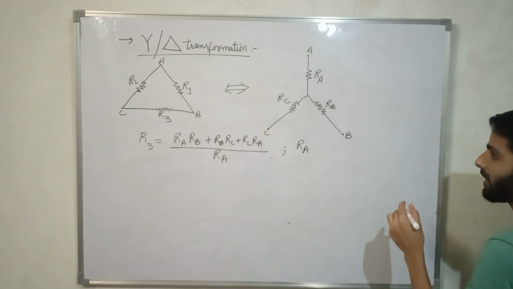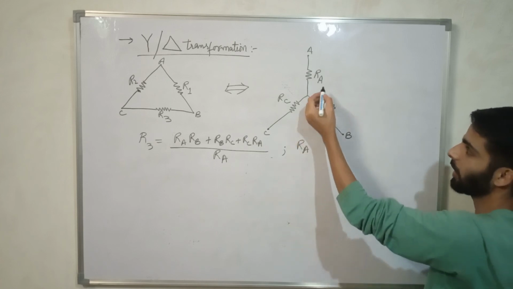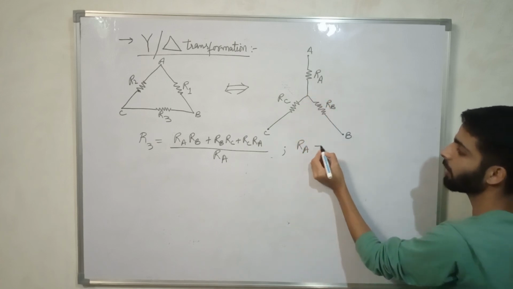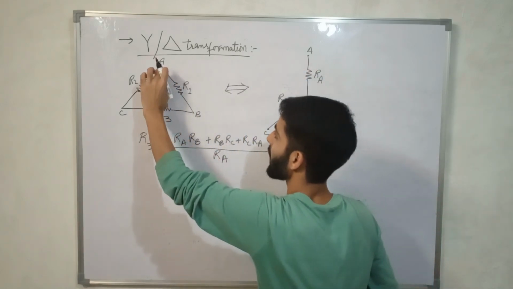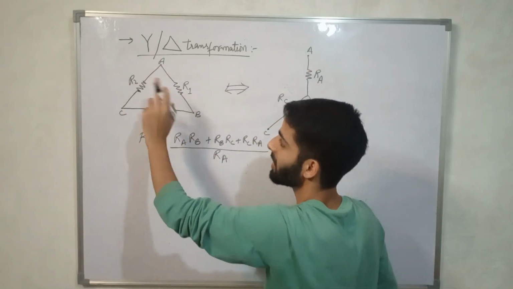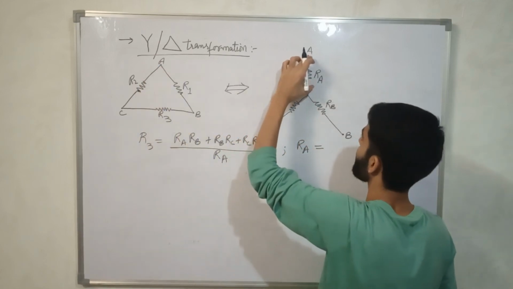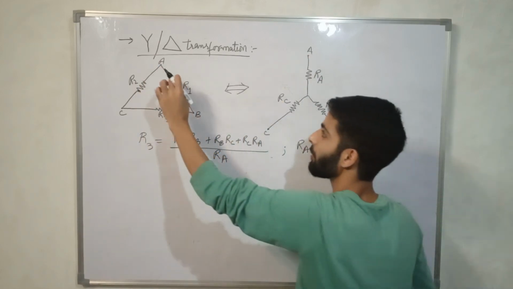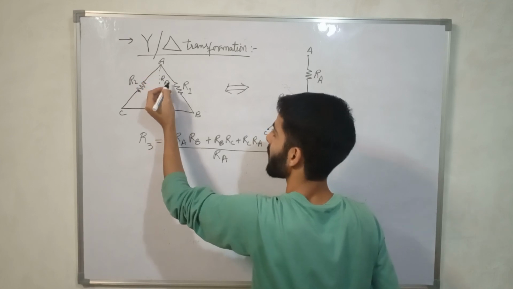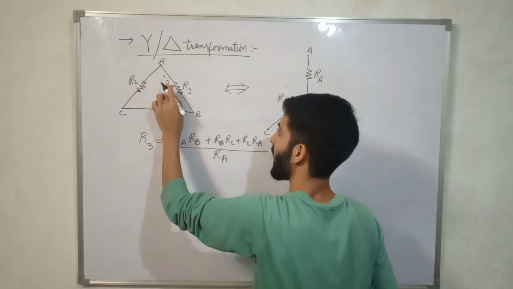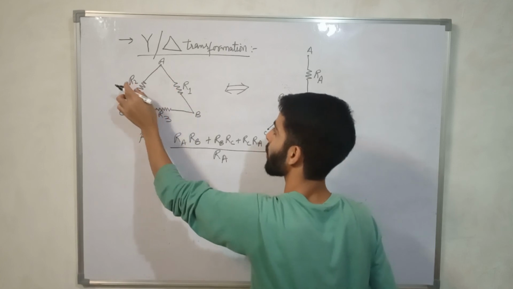We will do it like this. RA is here in between. What are the side branches of that RA? Those are R2 and R1.